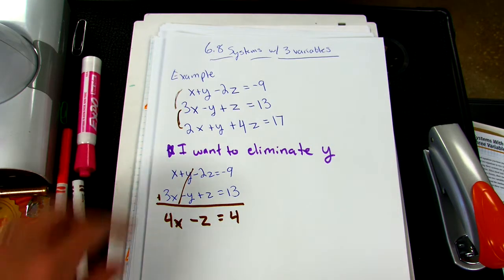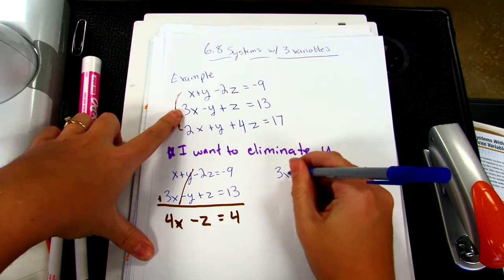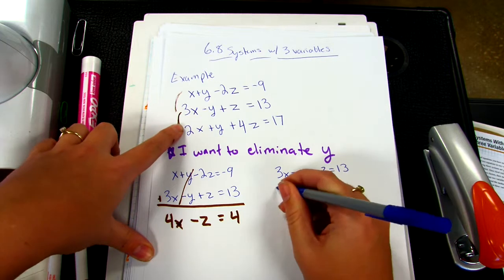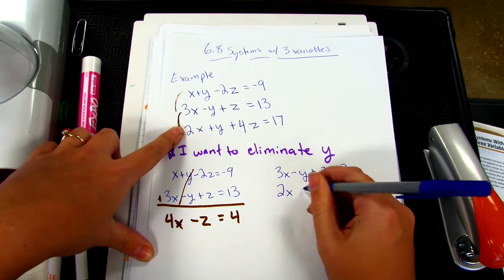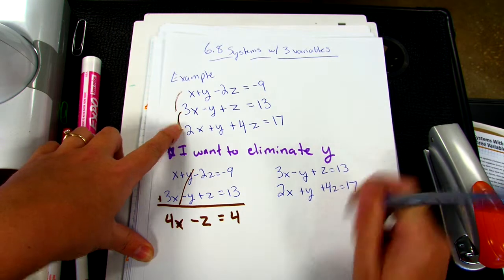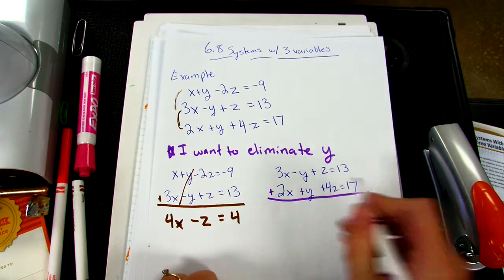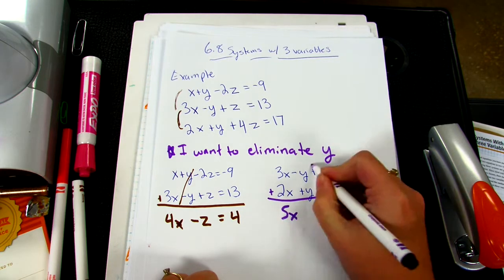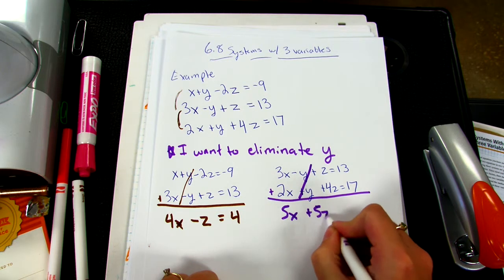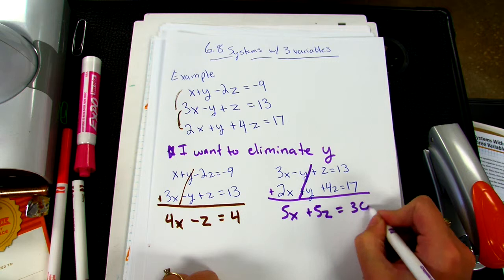When I do the second two, I'm going to start with the second equation, 3x minus y plus z equals 13. And then the last equation, 2x plus y plus 4z equals 17. So I'm going to add those two up. I get 5x, my y's cancel, z plus 4z becomes 5z, 13 plus 17 becomes 30.